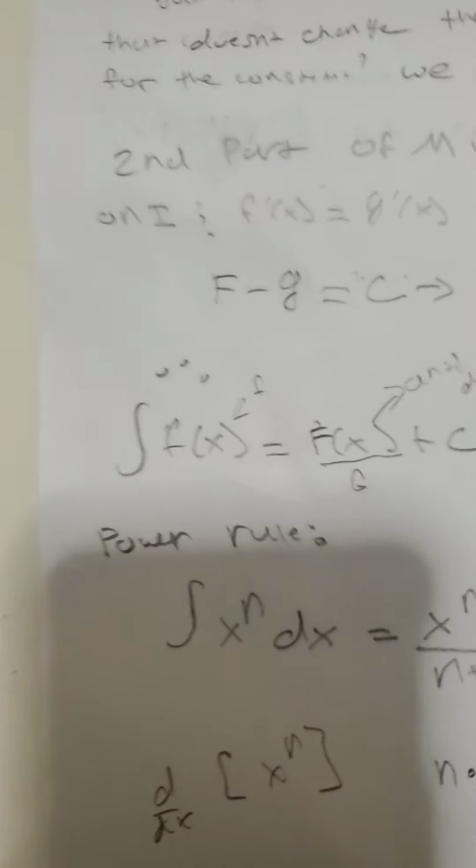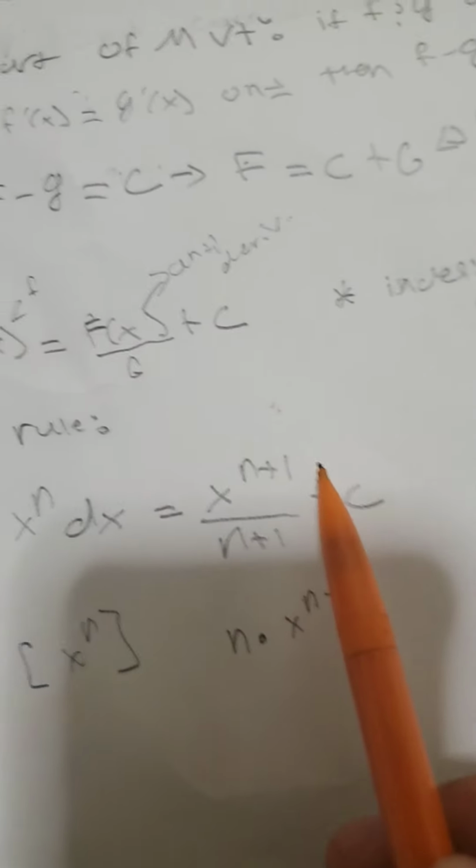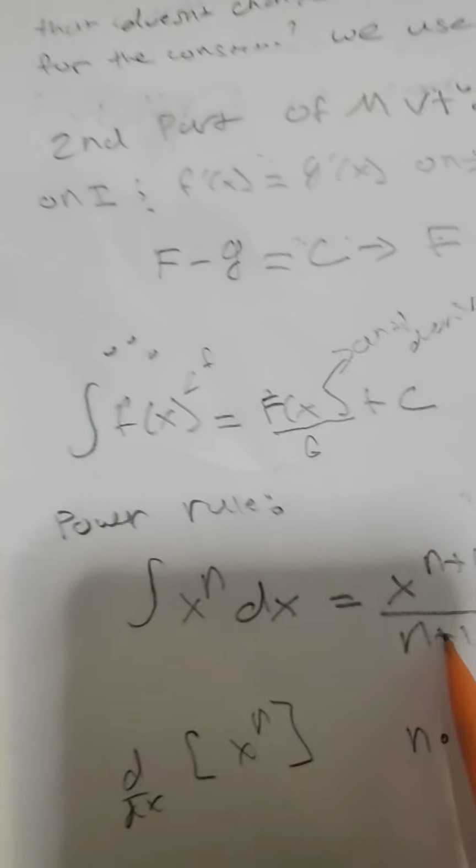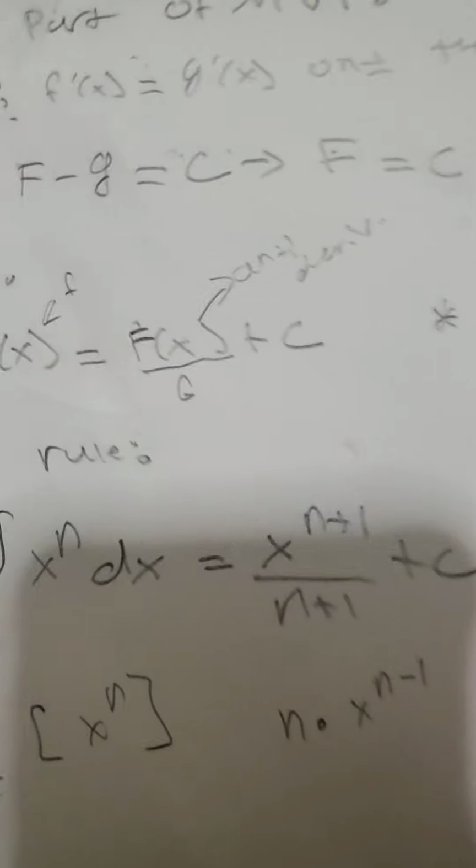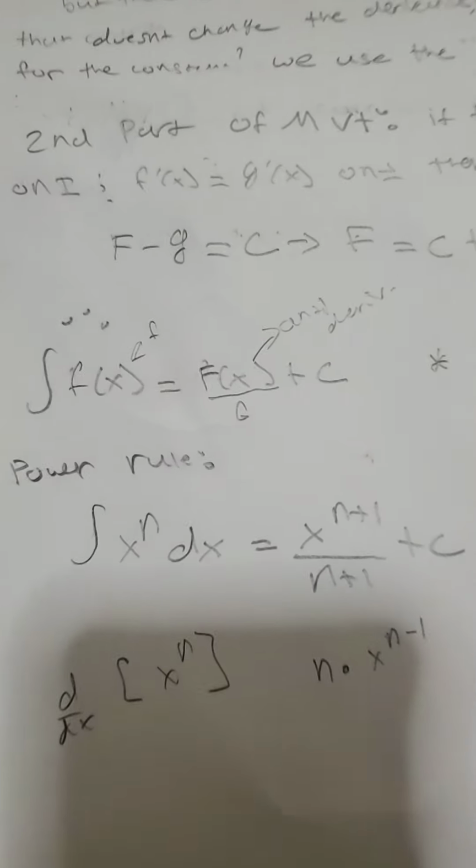Well, for the antiderivative, instead of subtracting 1, we add 1 to the power, and then we also divide by the new power, and then we also add a constant because the derivative of a constant is 0.